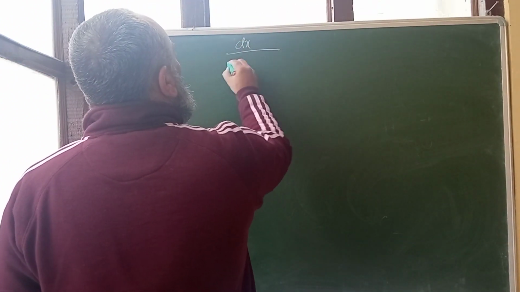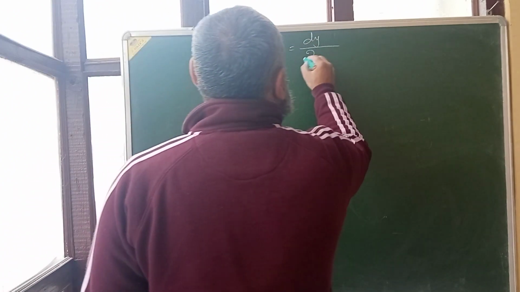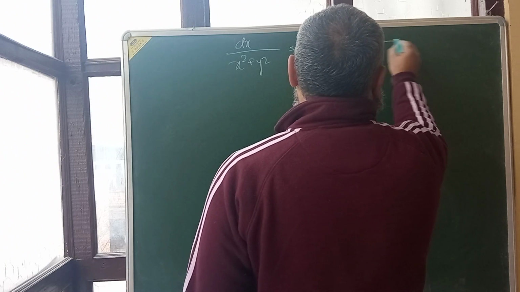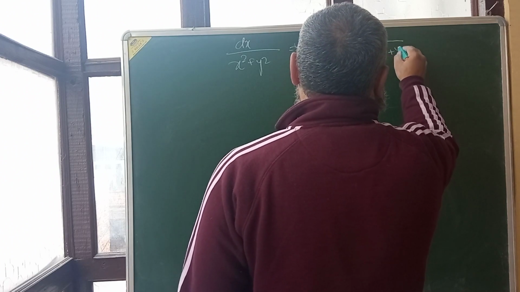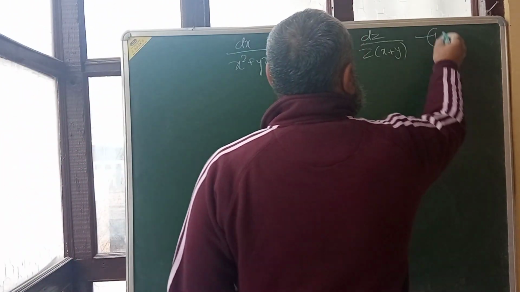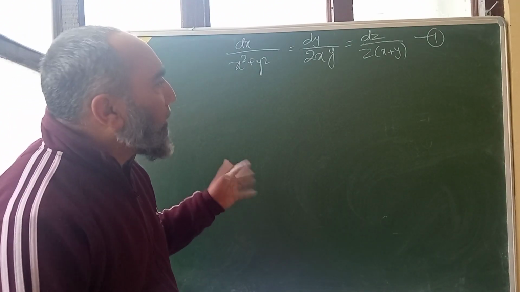Last one, x square plus y square, 2xy, dz upon z times x plus y. This is 1. What will you do? 2 or 3 things are there. You can do anything.